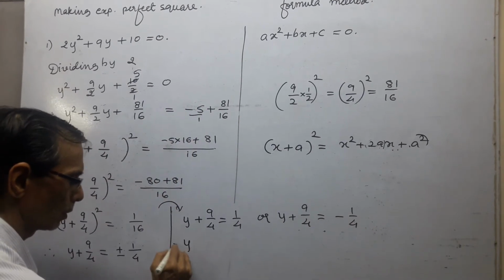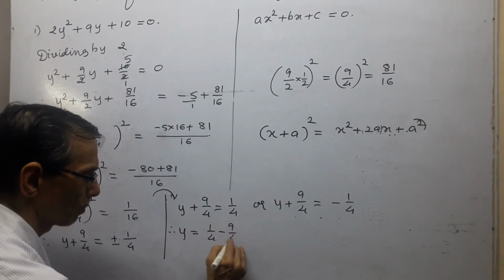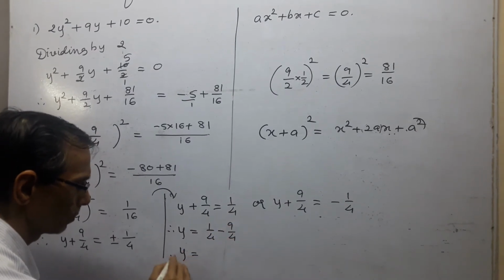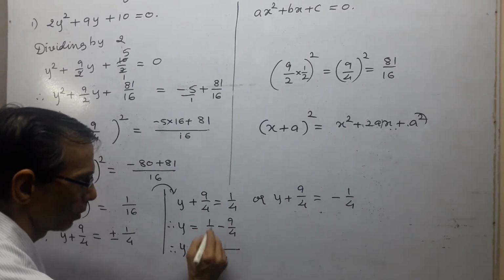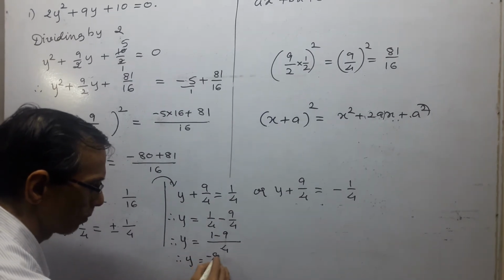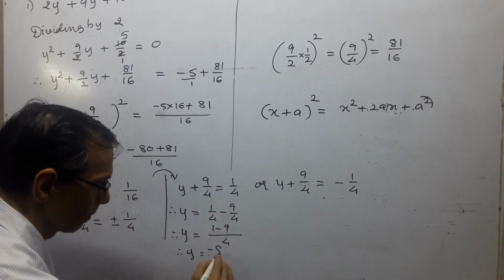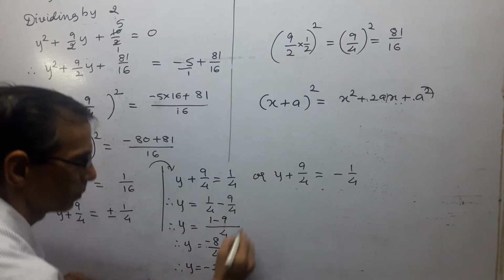Therefore y is equal to 1 upon 4 minus 9 upon 4. So the denominator is 4, same LCM. Therefore 1 minus 9, so y is equal to minus 8 upon 4. Y is equal to minus 2.